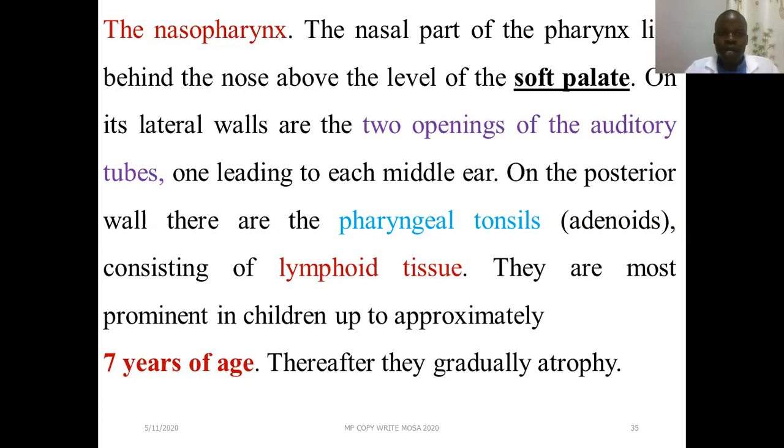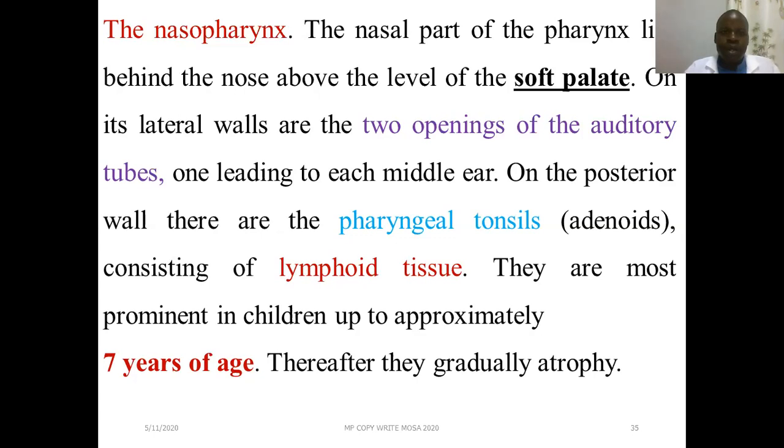The lateral walls have 2 openings of the auditory tubes, one leading to each middle ear. On the posterior wall, there are the pharyngeal tonsils or adenoids, consisting of lymphoid tissue. They are most prominent in children up to approximately 7 years of age. Thereafter, they gradually atrophy.